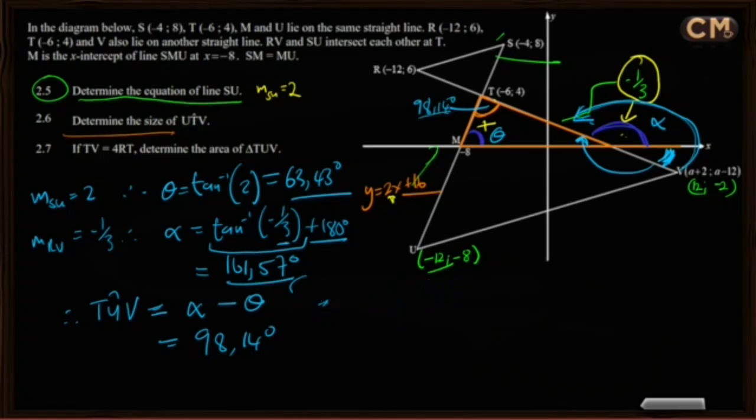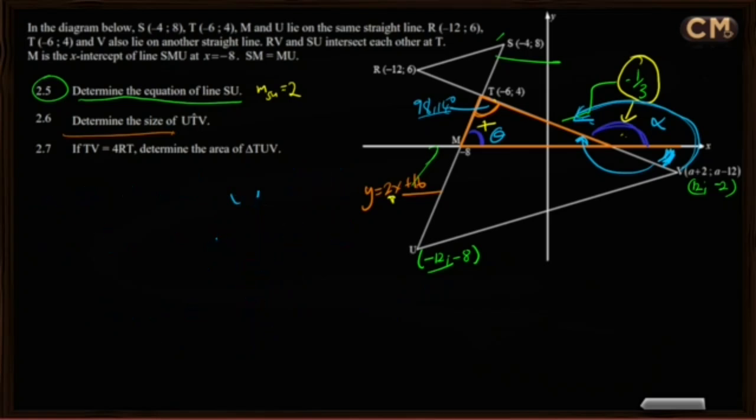Clean up time, clean up time. If TV is equal to 4 times RT, determine the area of triangle TUV. That is TV right over there, and that is RT. So if I have RT, all I have to do is multiply this length by 4.